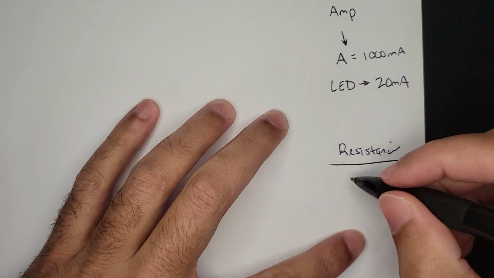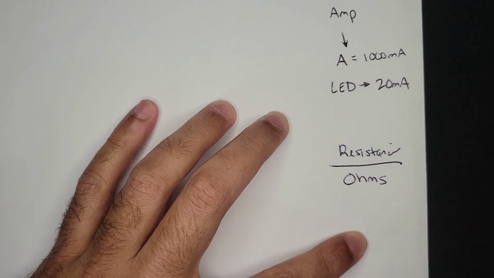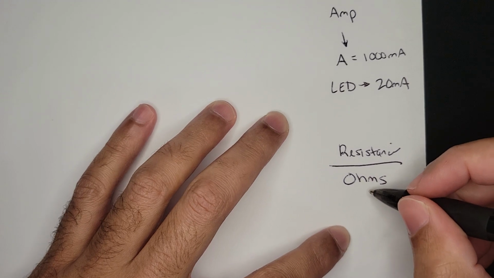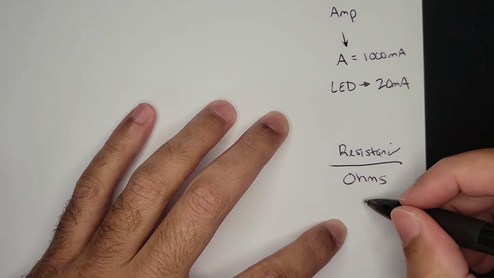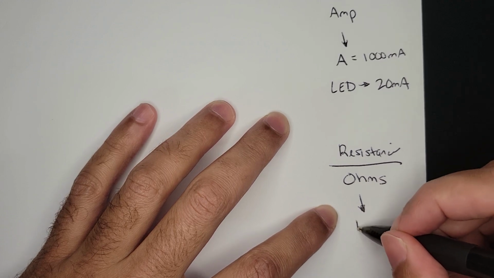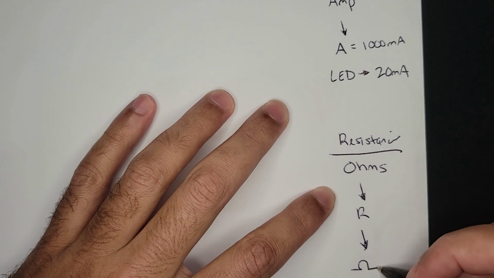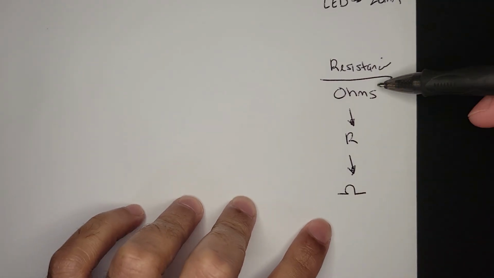And this is measured in ohms. The abbreviation is, I think, just R for resistance. So it's R. And the symbol for an ohm is the omega Greek alphabet letter.